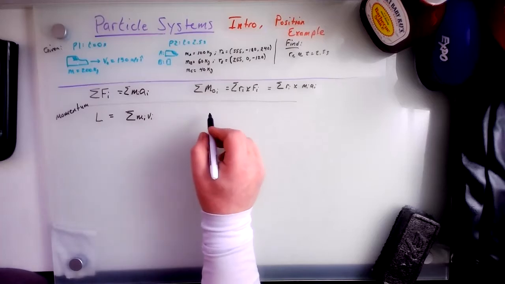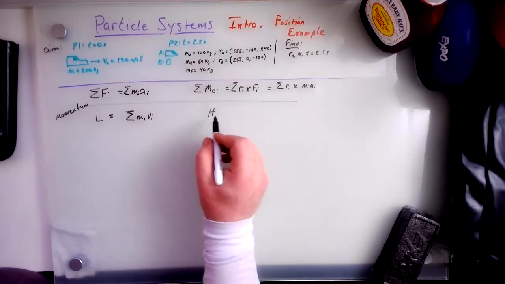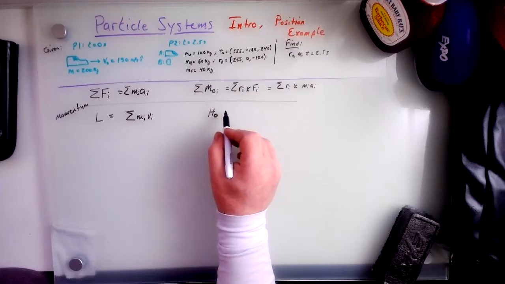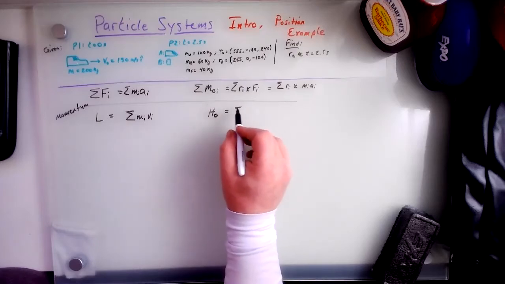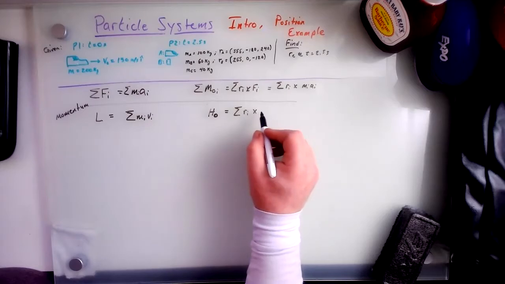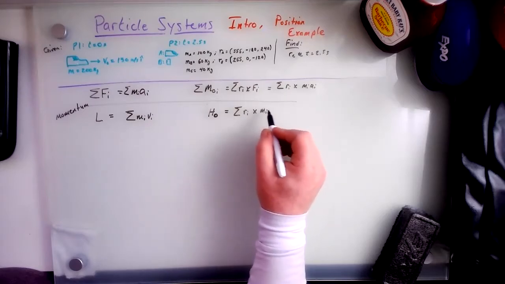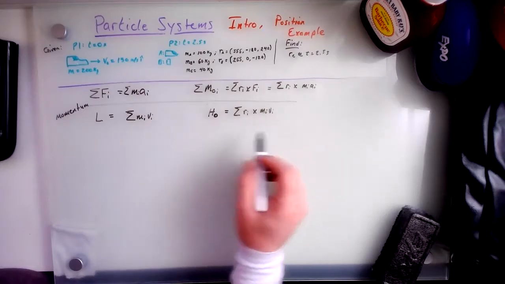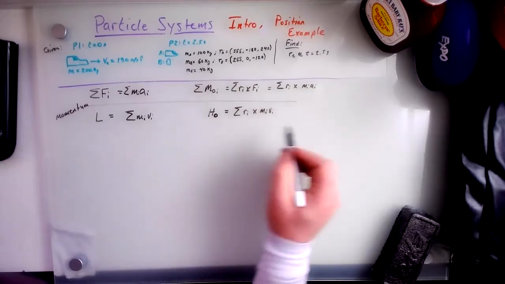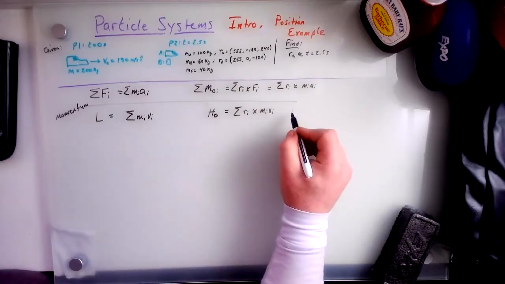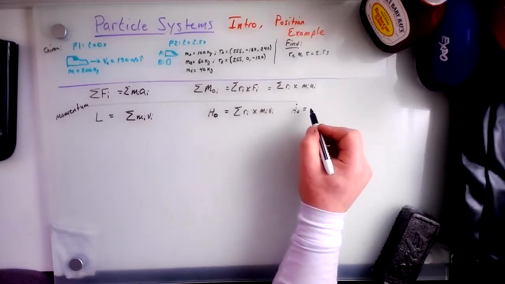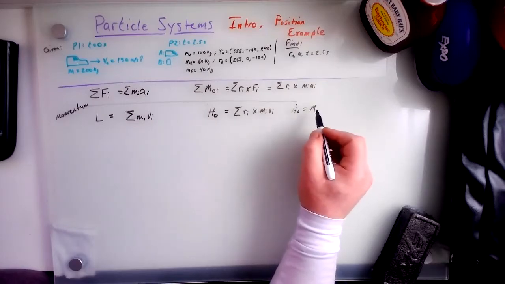And similarly, we have angular momentum, we call it H, H sub O, and that is equal to the sum of all of the r_i crossed with m_i v_i, right? So the sum of the moments, and again, H dot is equal to M, right?